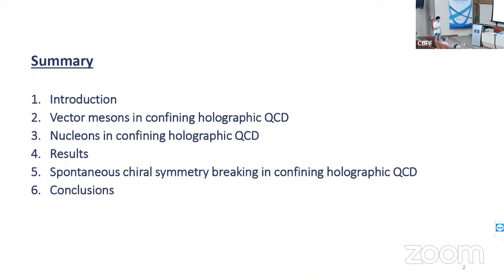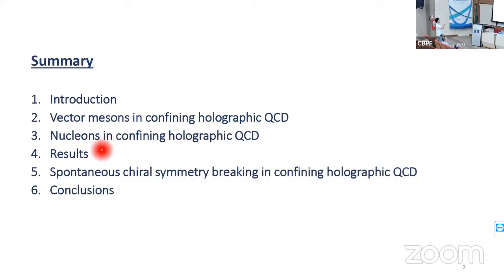First, the summary. Just a brief, not very brief, introduction about the motivation of why holographic QCD is important. Then I will describe how to incorporate vector mesons in a confining holographic QCD model. Maybe this is the novelty of the work.